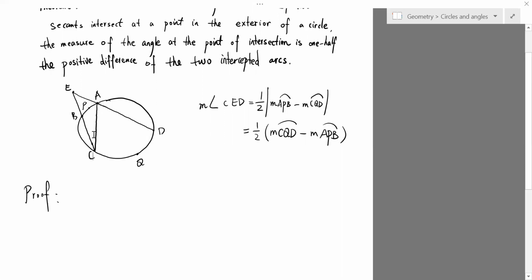And we also observe that those two inscribed angles are intercepting the major arc CQD and the minor arc APB respectively. So we expect these two angles are going to be of some kind of relation with our result here.